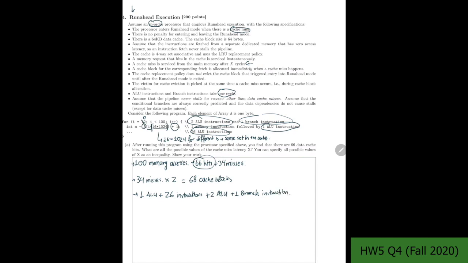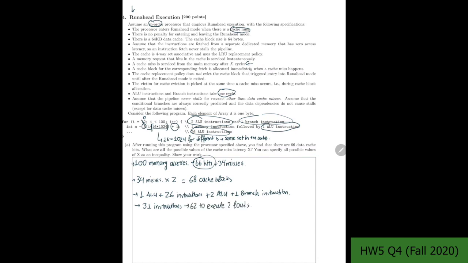So to be able to reach a load instruction 2 times in Runahead mode, you need to execute at least, let me check, 31 instructions, and 32 if we want to execute, and 62 if we want to execute 2 loads.